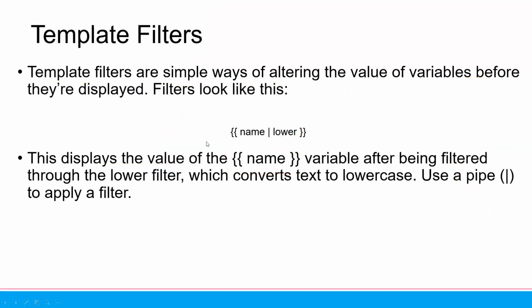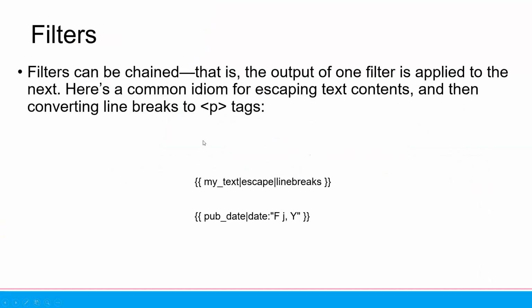There are many functions. The functions in the filters can be chained, which means they can be in a sequence. For example, after I have one vertical line and a function, I can have another vertical line and another filter function.